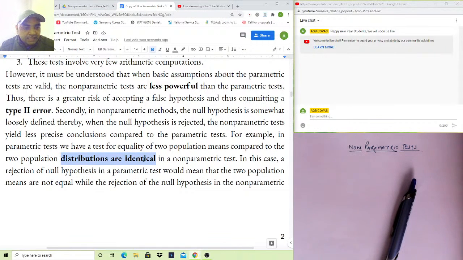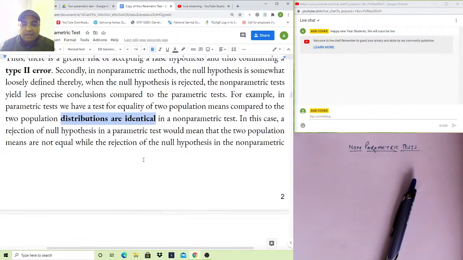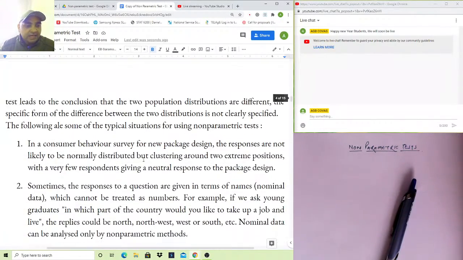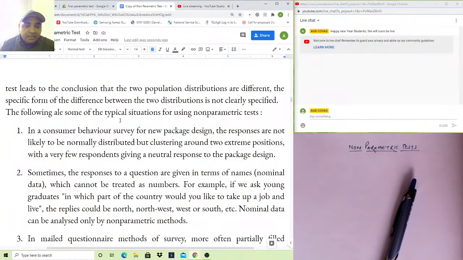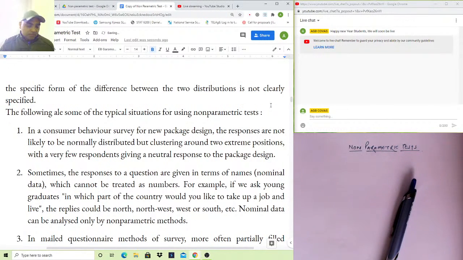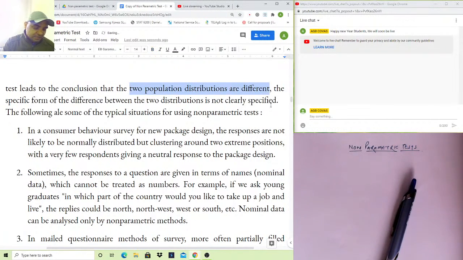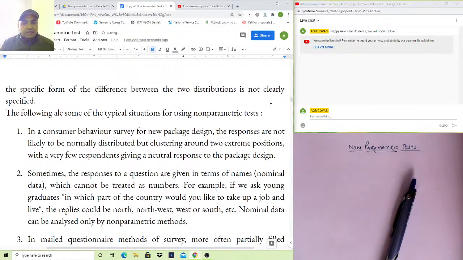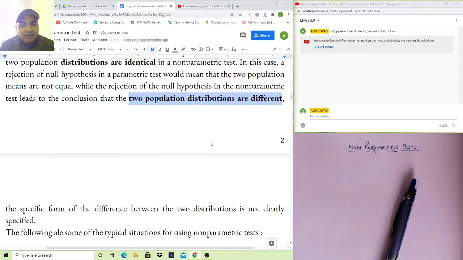So in this case, a rejection of the null hypothesis in a parametric test would mean that the two population means are not equal, while the rejection of the null hypothesis in a non-parametric test leads to the conclusion that the two population distributions are different. We simply get an idea that the two populations on which this non-parametric test has been applied have different distributions.